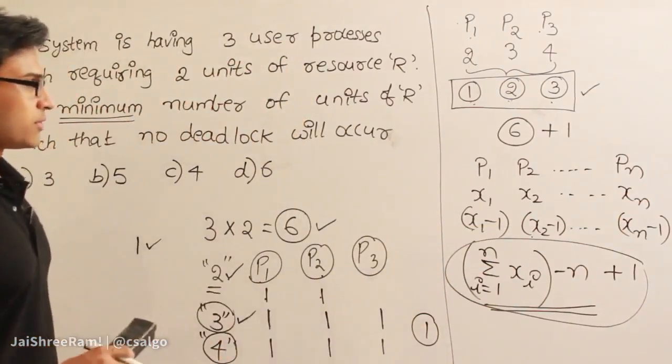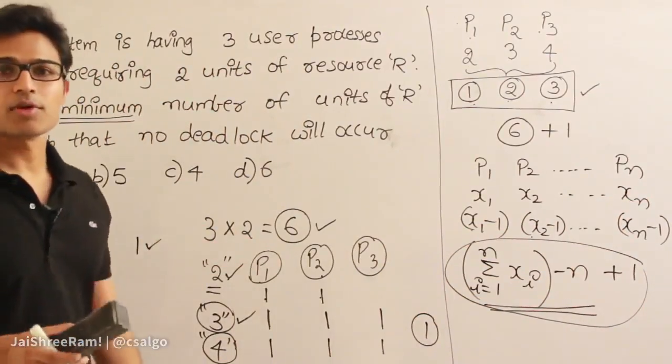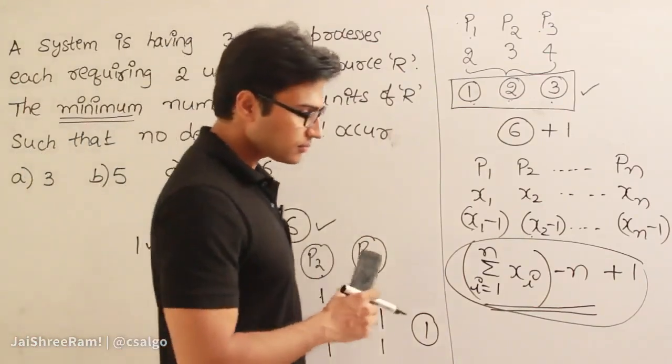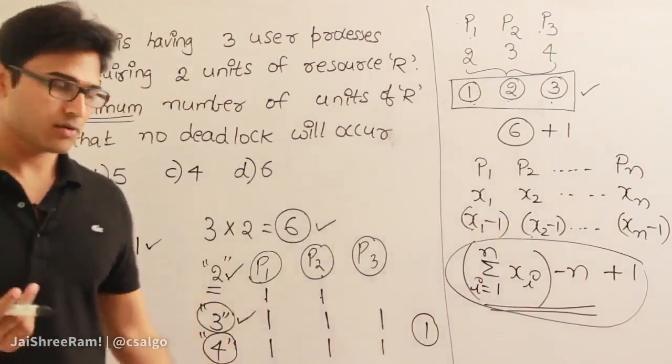Another kind of question possible is, instead of asking about the resources, they can ask about the processes. I'll just change the question, it is just logical, you try to answer it.